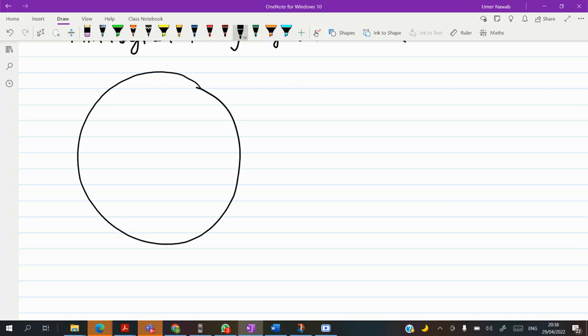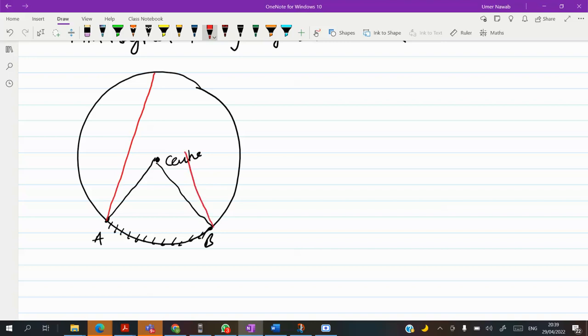Sometimes it happens that we have been given the center of the circle. So we join the endpoints of the minor arc with the center of the circle, and also we join the endpoints of the minor arc to any point on the major arc.